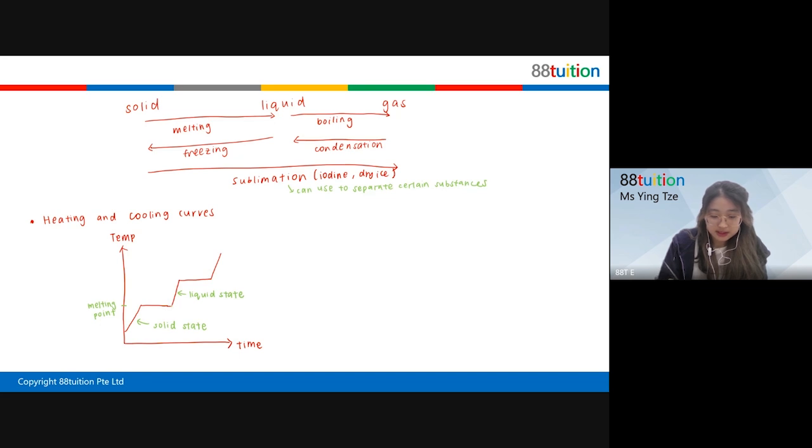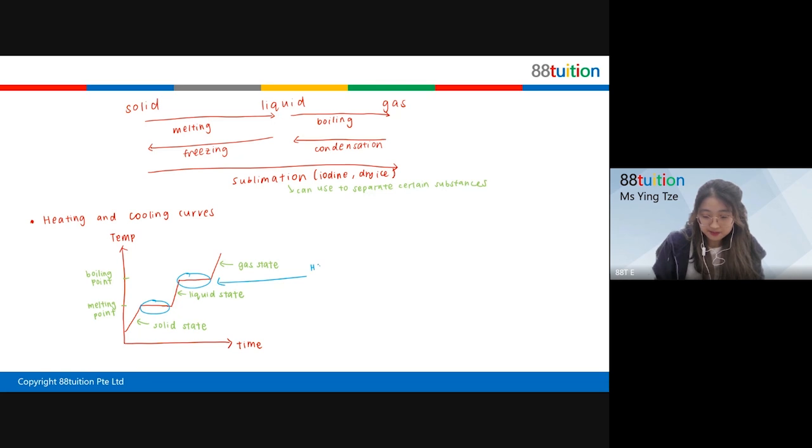And then again, it just keeps gaining heat as we heat it. And then after that, it will reach the boiling point. Then after it boils, it will change state to become a gas. So why is there this area where the temperature is constant? Okay, so what is happening here is that heat is absorbed.